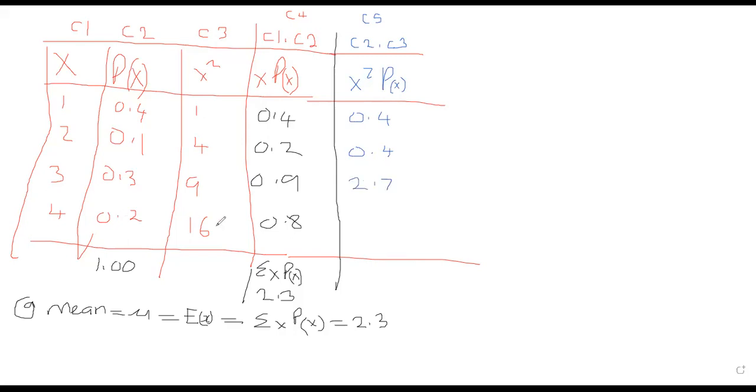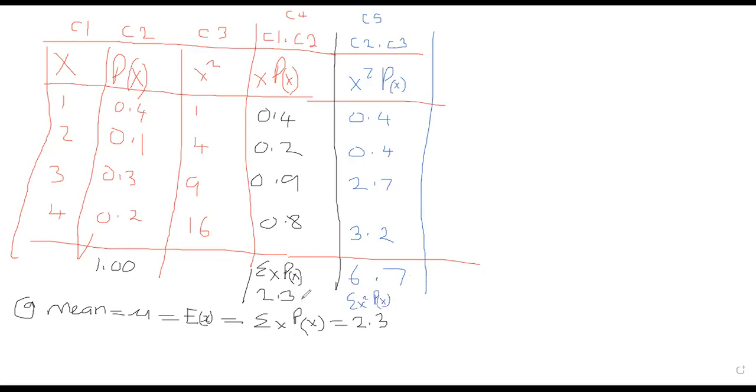And 0.2 times 16, what do we get? 3.2. Then we sum up. So when we sum up, this total will be 6.7. So this is called summation of x squared px.